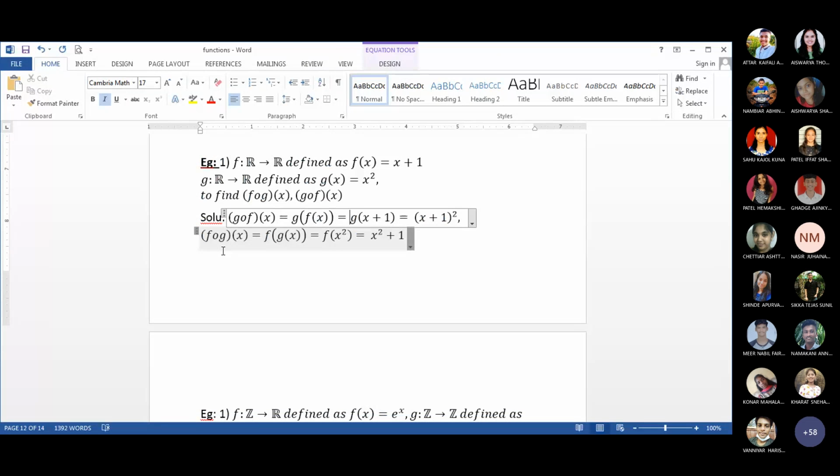But what is my f of x? My f of x is x plus 1. Right? So what is g of x plus 1? G of x plus 1 is x plus 1 the whole square. Right? This much is clear?